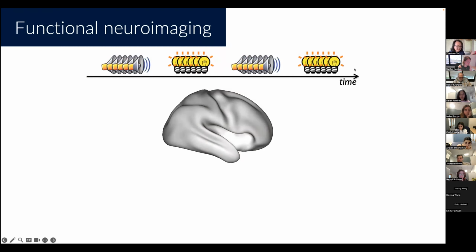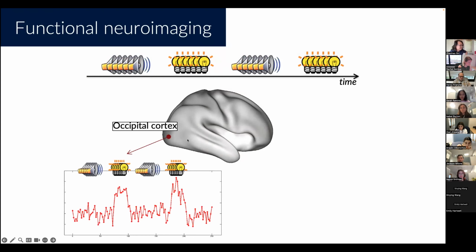You present these things to the subject, and the subject's brain will start to encode all this information. If you take a voxel in the visual cortex, it will probably have a time course like this, because the visual cortex only responds to visual signals. It does nothing to the auditory signal. So this is what you will see if you do this kind of experiment and take out the time course of one voxel in the occipital cortex.